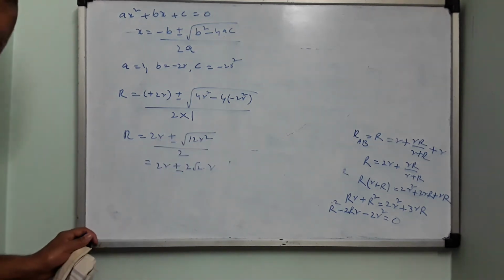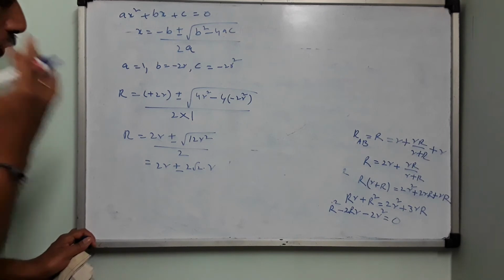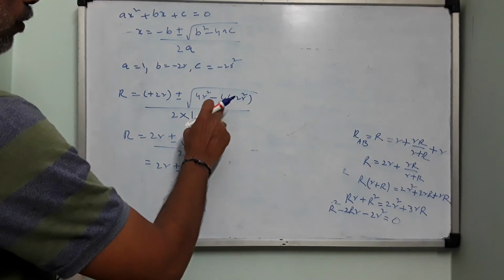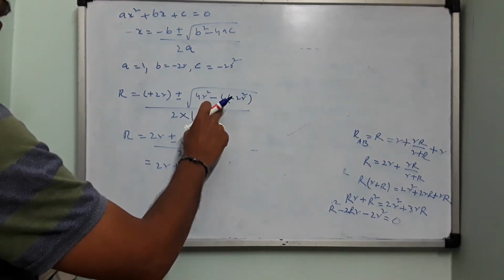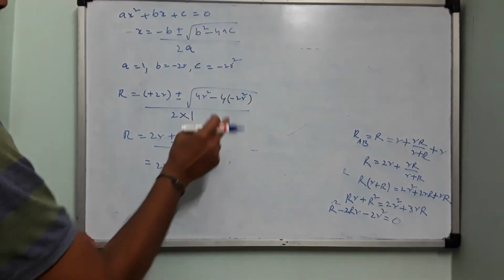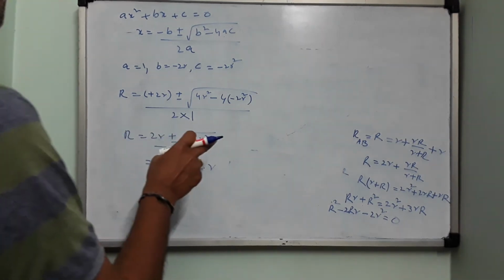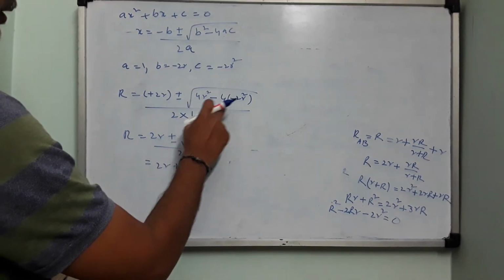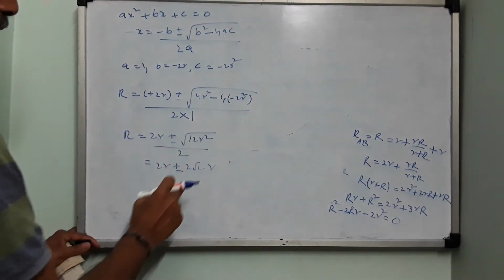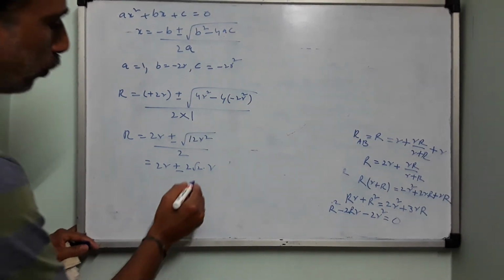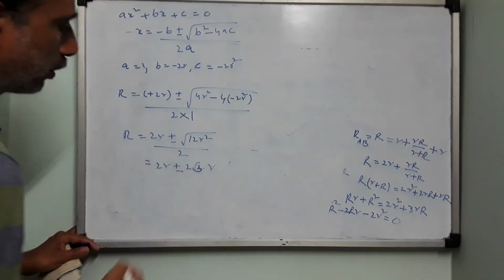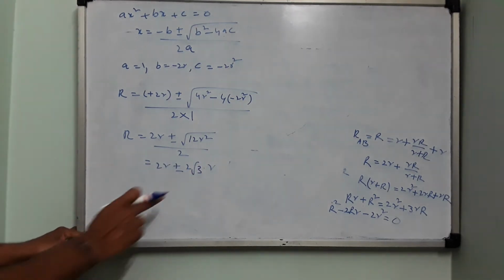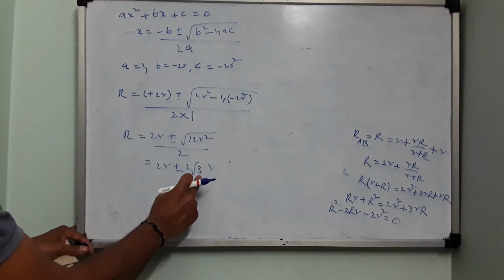12 will be written as 2 root 3. So 2 will go inside, it will become 4, and 4 into 3 will be 12.